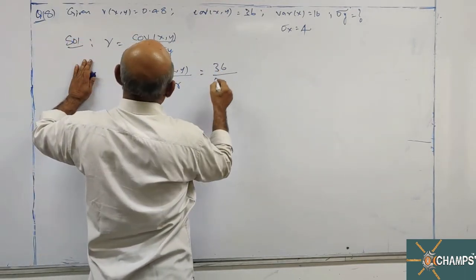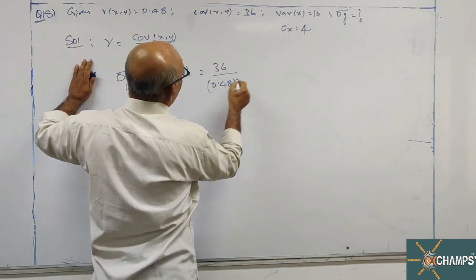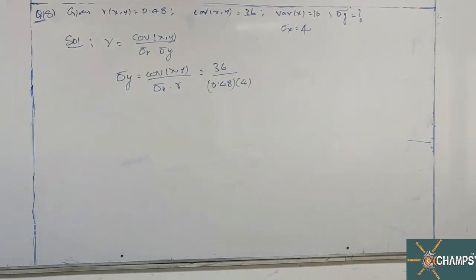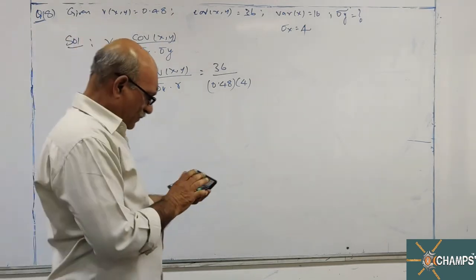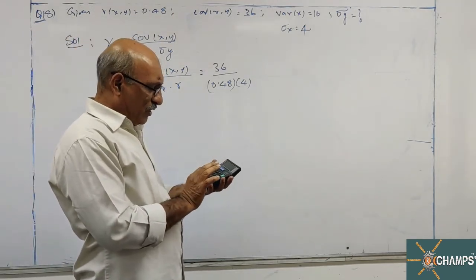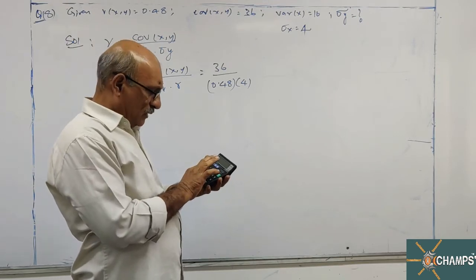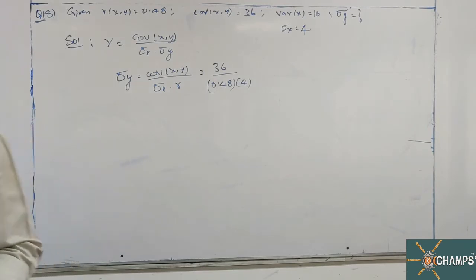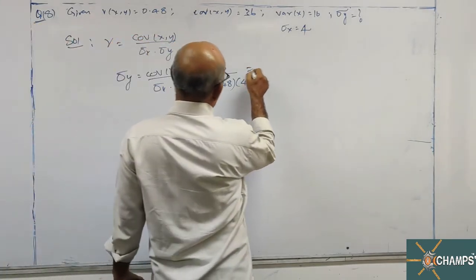Covariance is 36, 0.48 into 4. So 36 divided by 0.48 into 4 is equal to 18.75. This is 18.75.